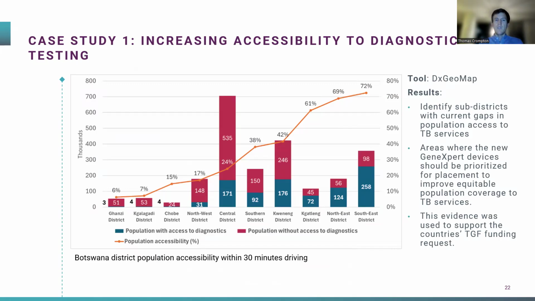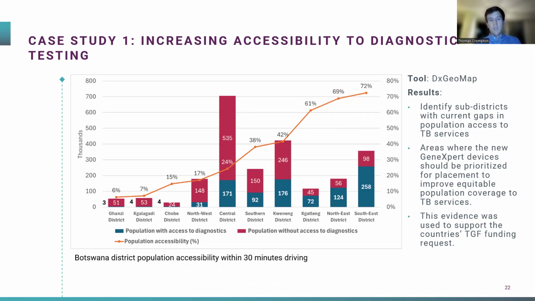So some of the results show us, for each of the districts in the country, what proportion or what percentage have access to diagnostics and what do not have access to diagnostics. So we can immediately see which districts have a very low percentage of people with access to diagnostics, but also which districts have a high population and also have a low accessibility.